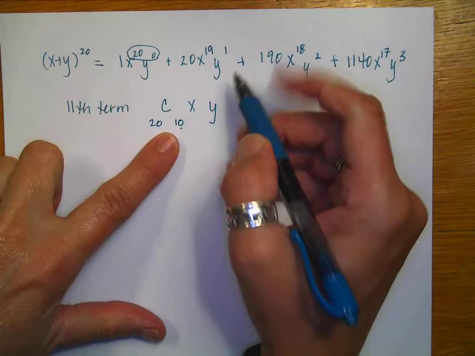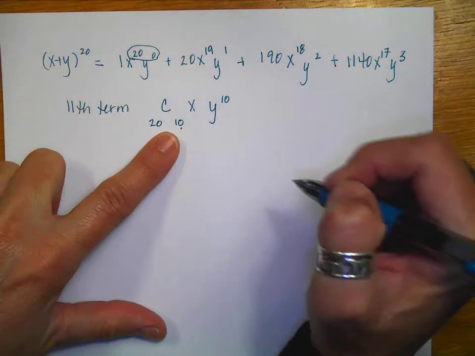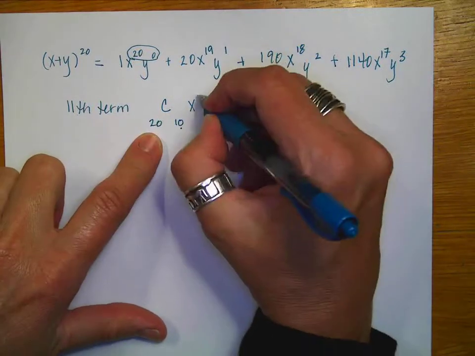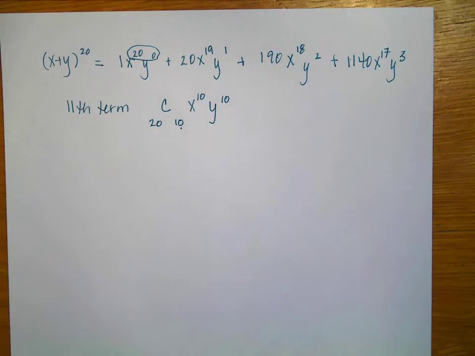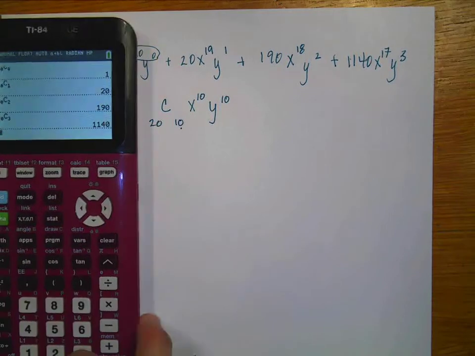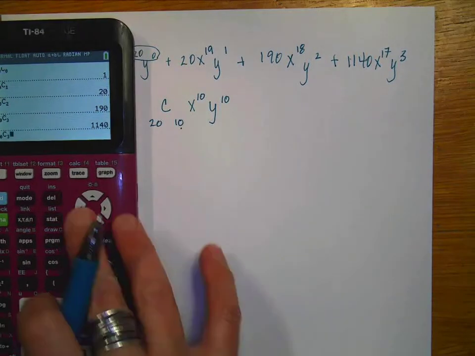And then I'm going to write my x and I'm going to write my y. Notice that these numbers always match. Well, if this is going to have to add up to 20, now I know that that's there. And then I could actually do that math in my calculator.